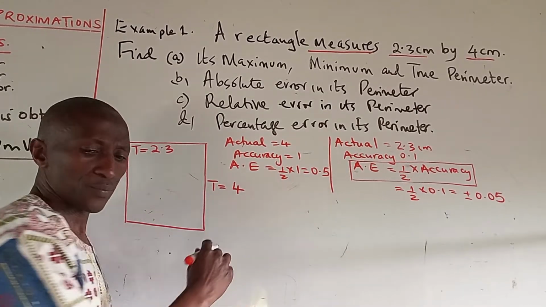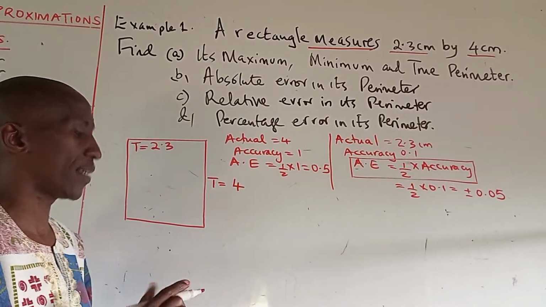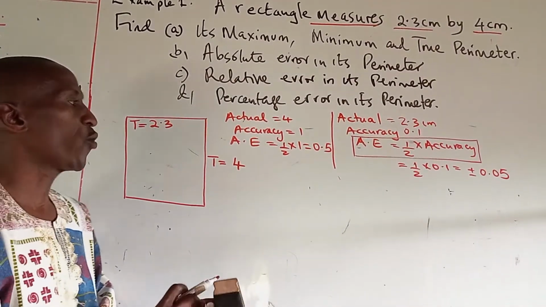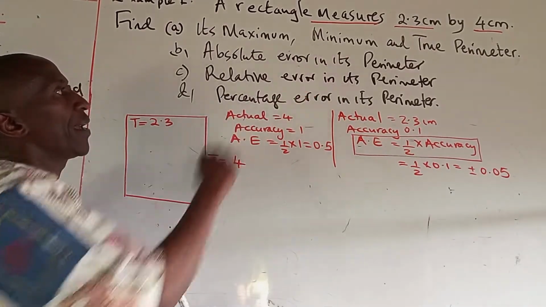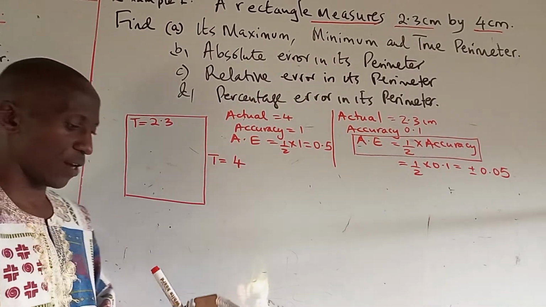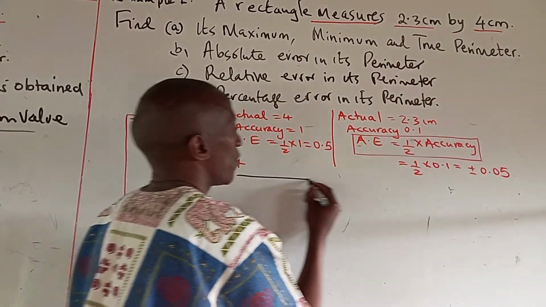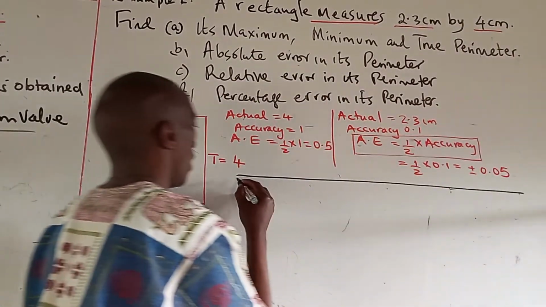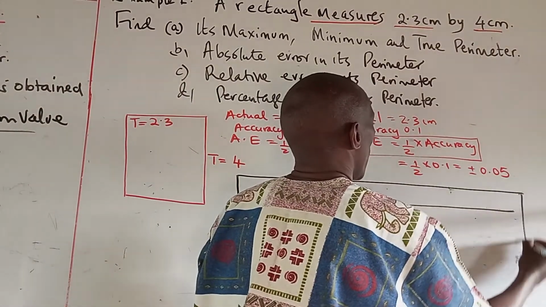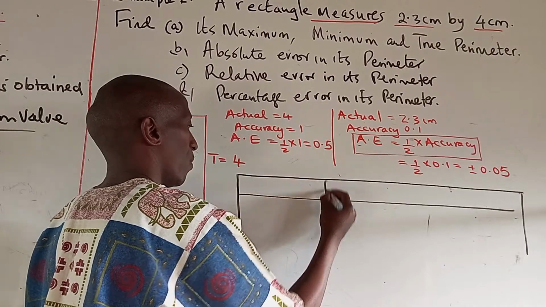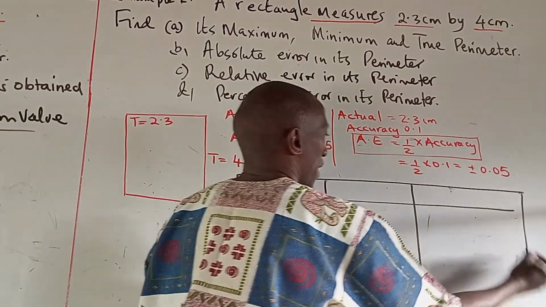With that, we are going to create a table here. Very, very important. We create a table which will show the minimum, the maximum, and the true values of this measurement. So we can create a table for these two values. In this, we have the first, the second, and the third item here.